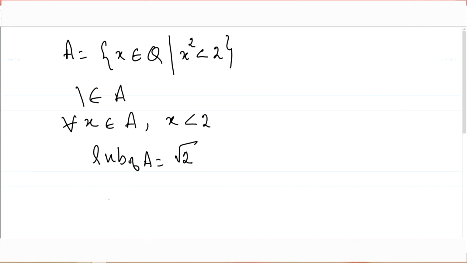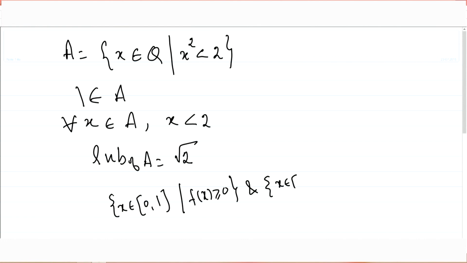With this clue, I think we can take the set of all x in 0, 1 such that f of x is greater than or equal to 0, and the set of x in 0, 1 such that f of x is less than or equal to 0. Both these sets are bounded above. Yes, perfectly right. And non-empty also, because 1 is there and 0 is in the other set.